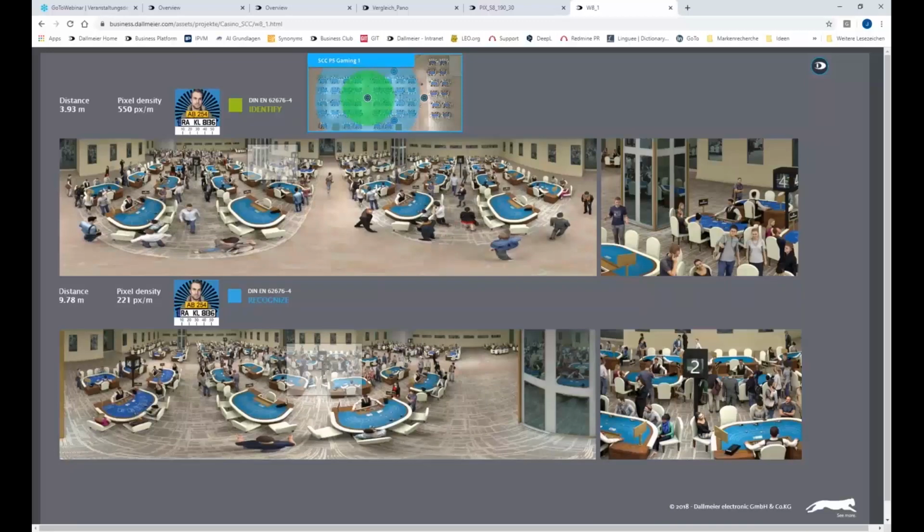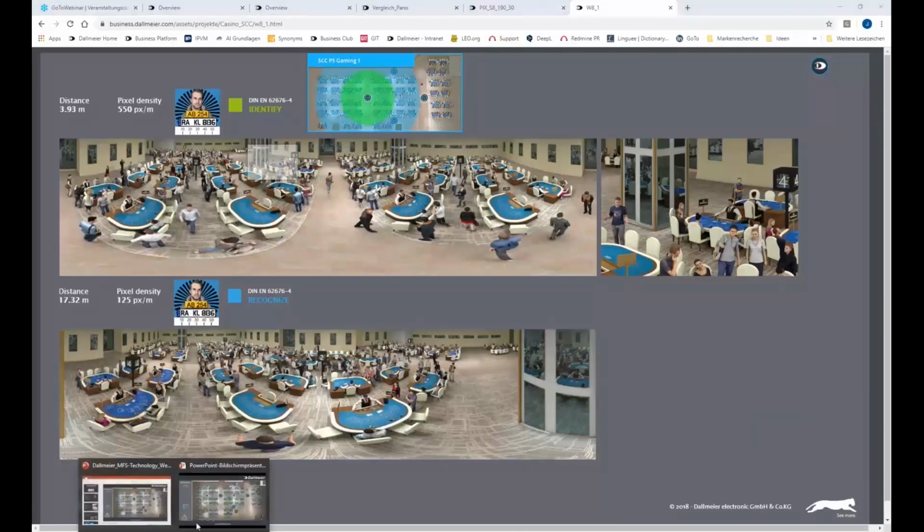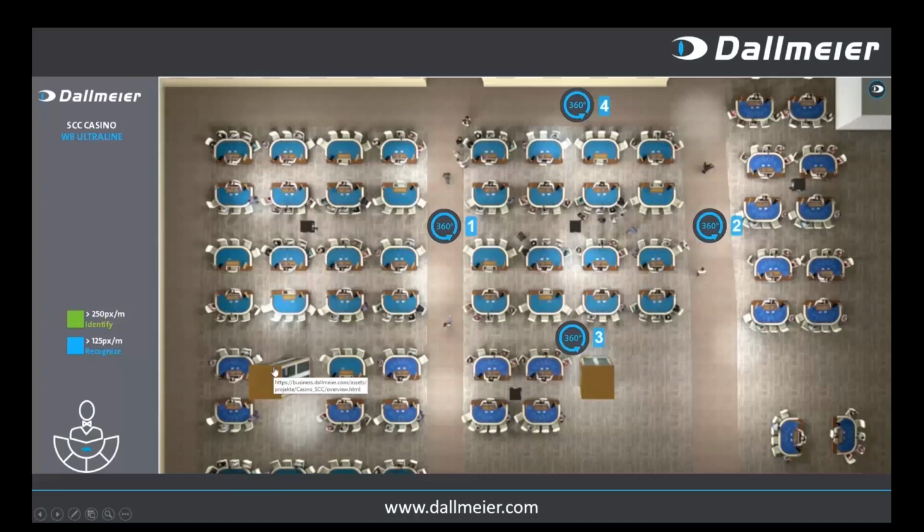To give you an idea of the efficiency, one of our casino customers in Australia says it usually takes them 20 minutes to track down a person across different single sensor camera screens, where you have to look at different screens and so on to find the person. They brought that time down to 3 minutes with the Dallmeier W8 solution. So this is the efficiency perspective of a solution like that.